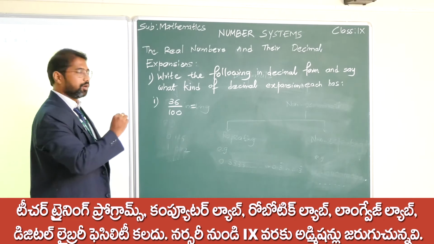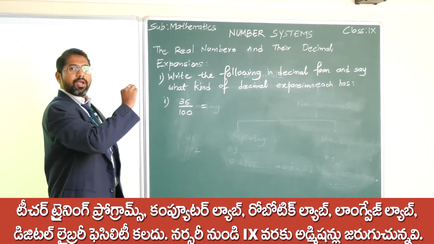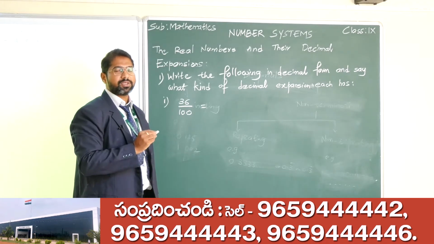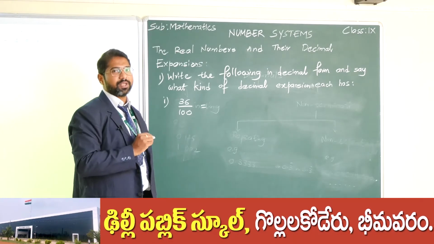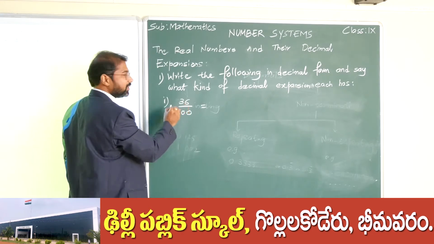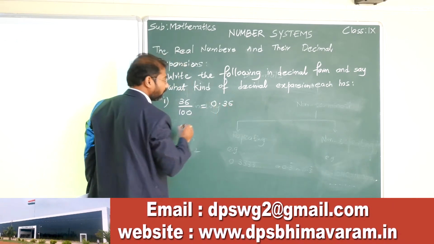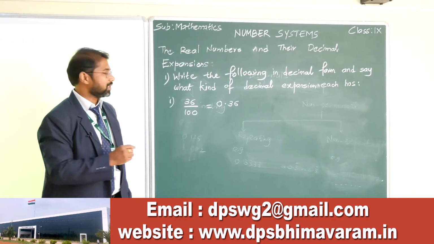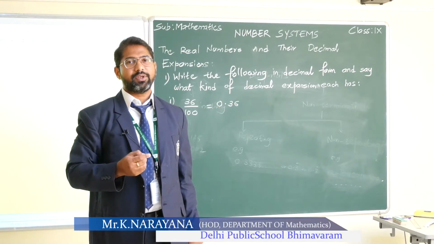Here you can see in the denominator 1 is followed by 2 zeros. So in the numerator, that is 36, I will start from the units place. After 2 digits I will put the decimal point, starting from the least place value, which is units. So after 3 the decimal point will come. So 36 by 100 can be written in decimal form as 0.36, which is a terminating decimal.